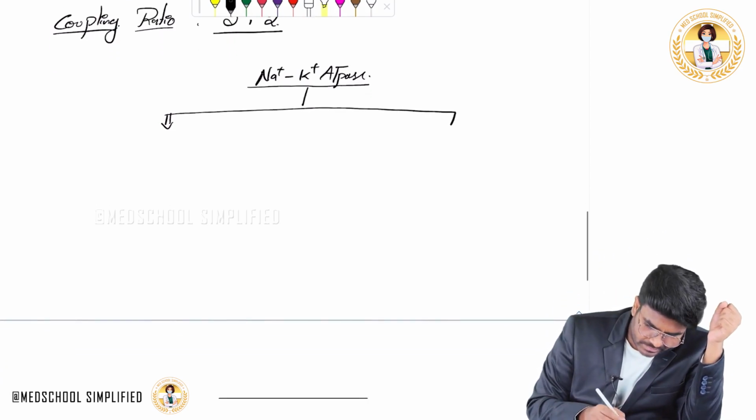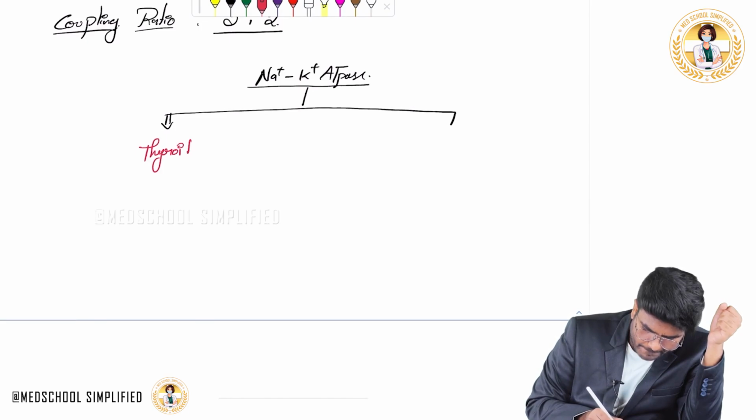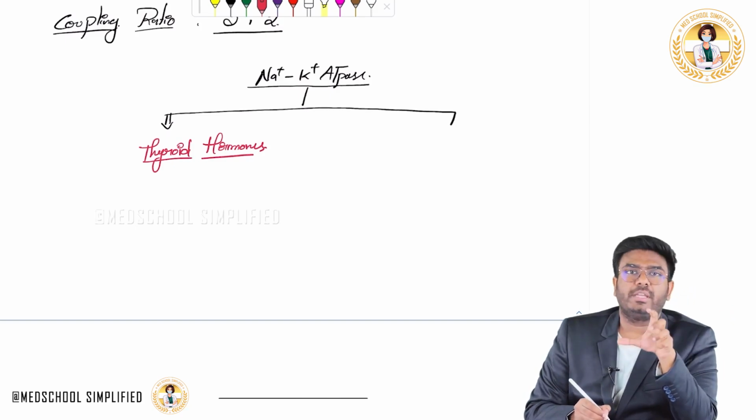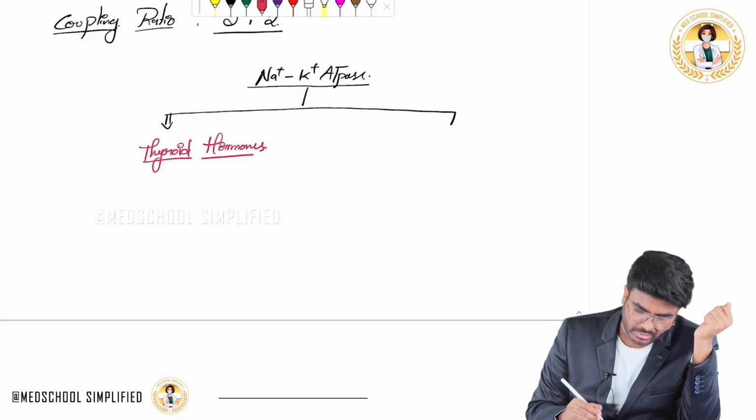First, let me write here, the number 1 hormone is thyroid hormone. The thyroid hormones will activate the sodium potassium ATPases. They will increase the number of sodium potassium ATPases.